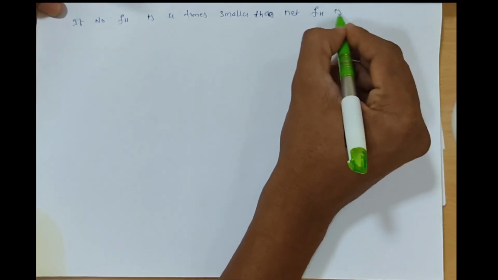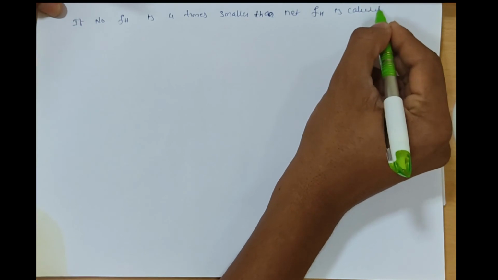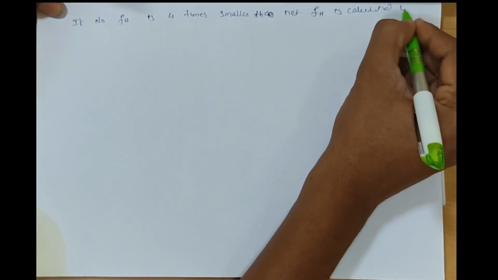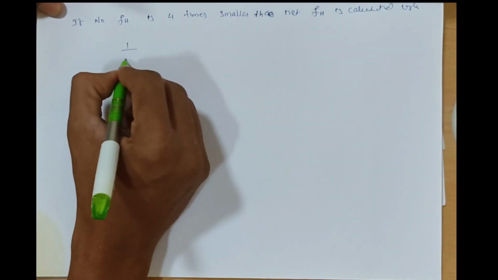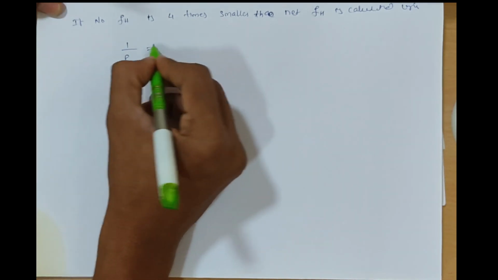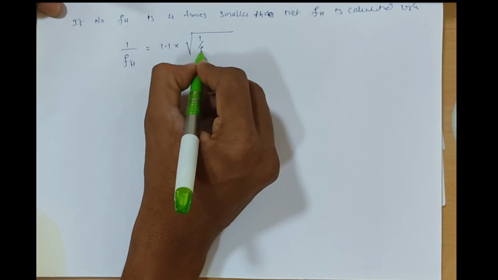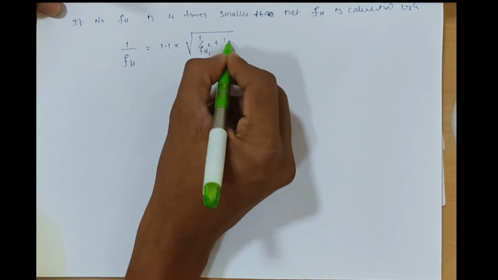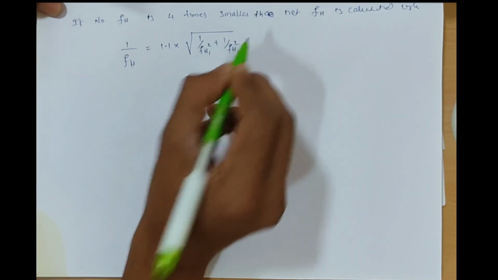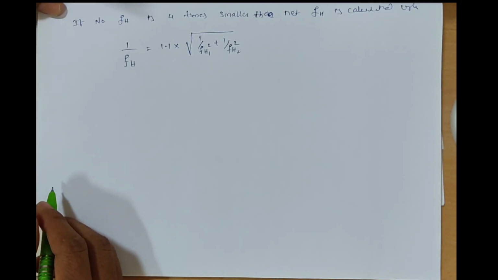then the net FH is calculated using this: 1 by FH net equals 1.1 into the square root of 1 by FH1 squared plus 1 by FH2 squared.